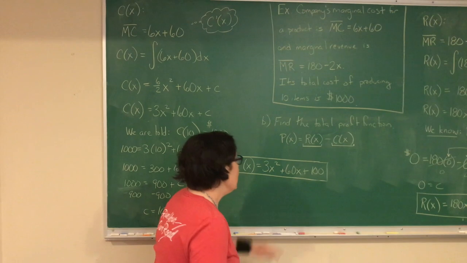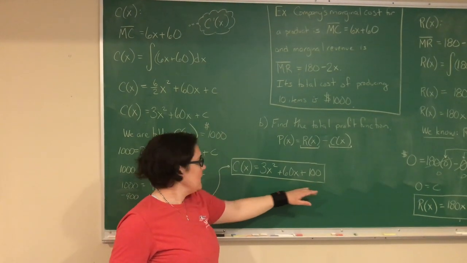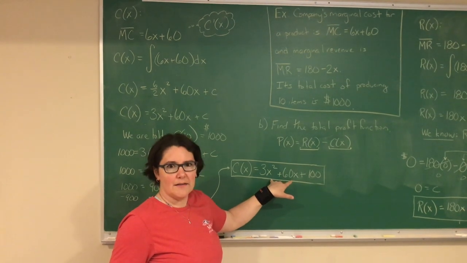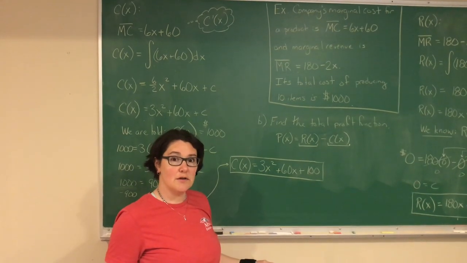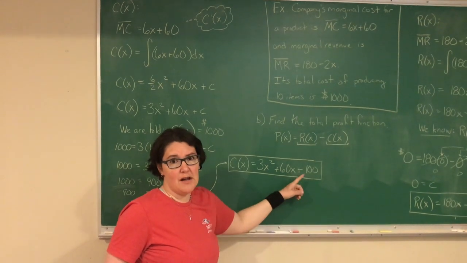Okay. This 100 at the end, on the other hand, is our fixed costs, because if I plug in 0 for x, in other words, if we produce 0 units, we still have a cost incurred of $100.